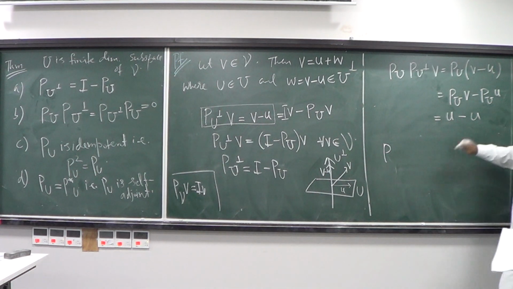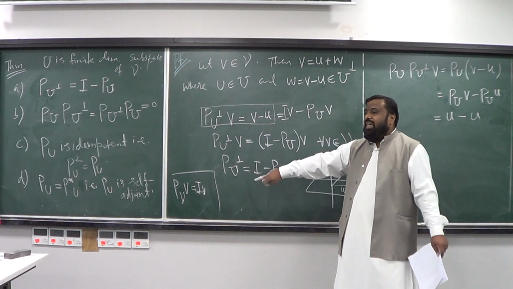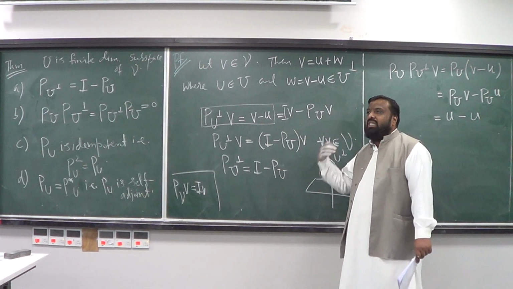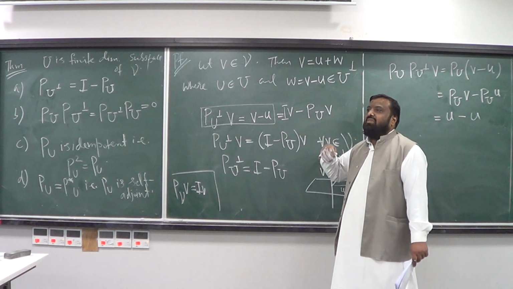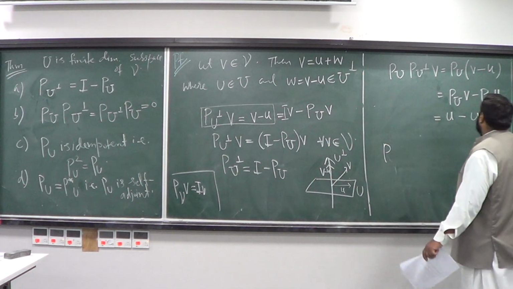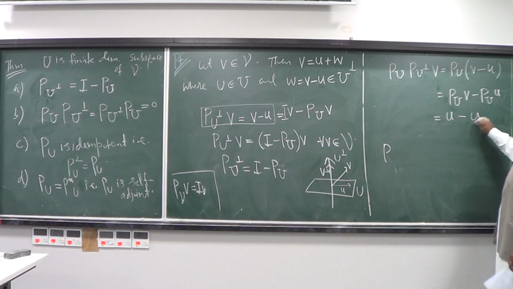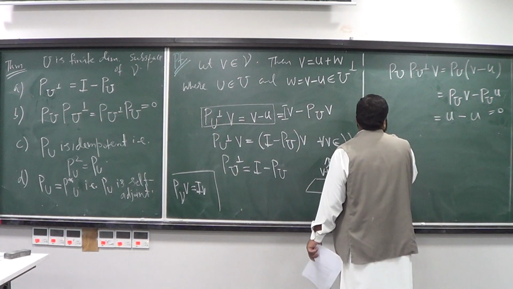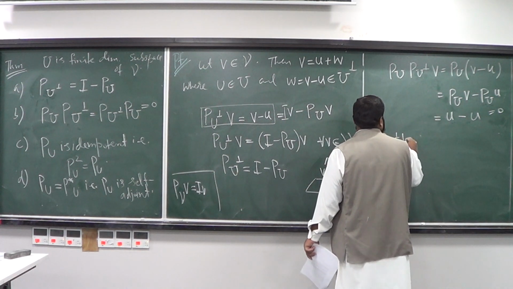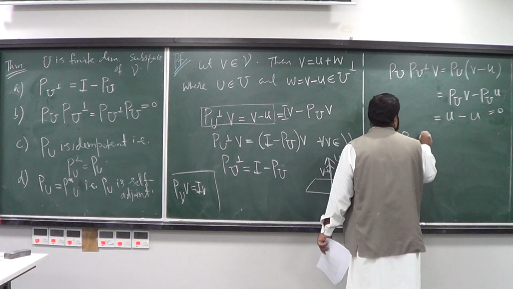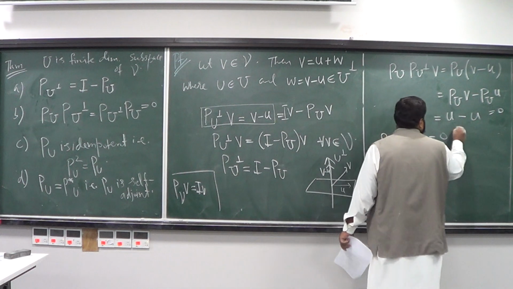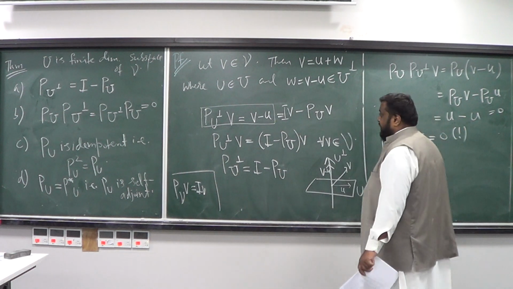If you are projecting the space onto itself, then that is the identity operator. So therefore u minus u is really 0. And you can do the same with P_U perp P_U operated onto v. So this must be really equal to 0. Verify it for yourself, that's why this is 0.